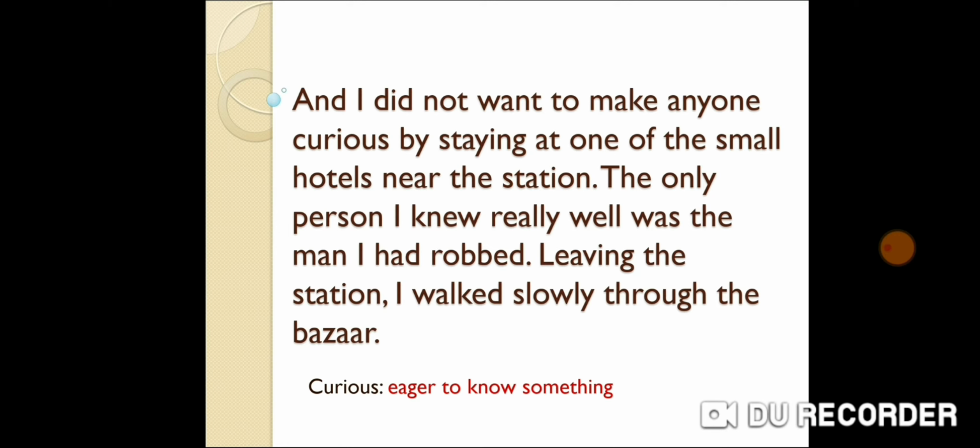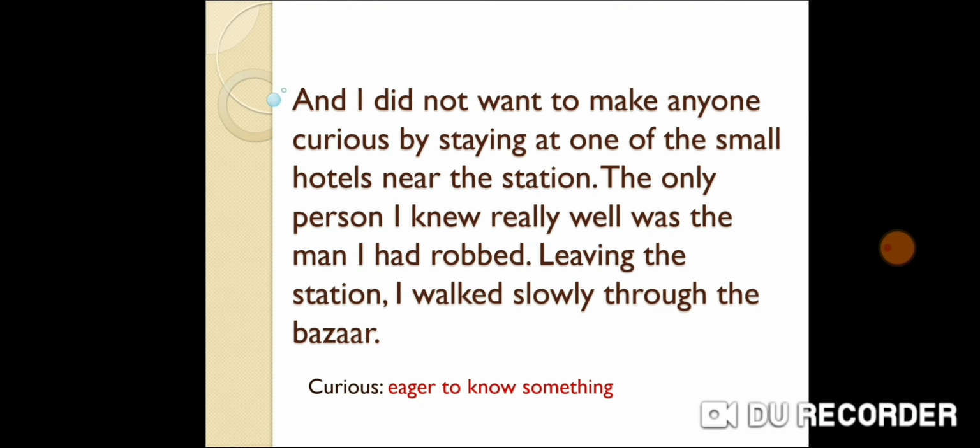Now, see what he's telling. He did not want to make anyone curious. Curious means eager to know about him by staying at one of the small hotels near the station.